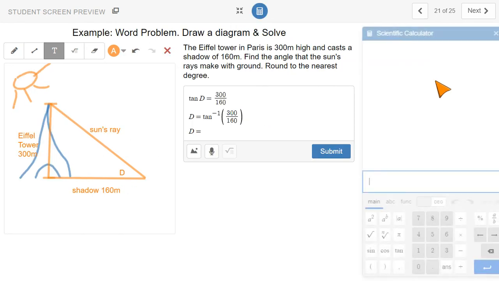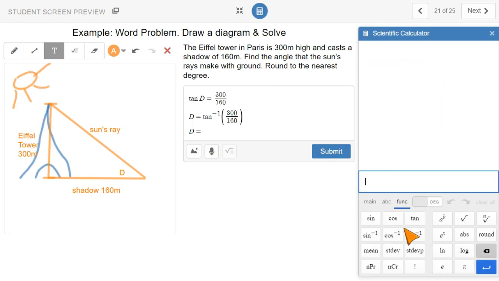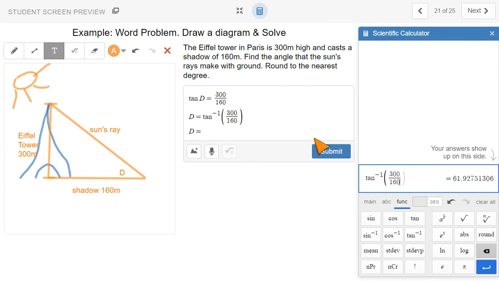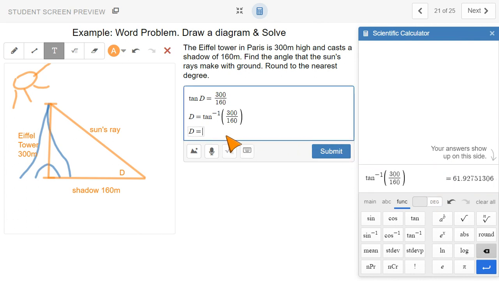And we have 62 degrees. That's rounded from 61.9.